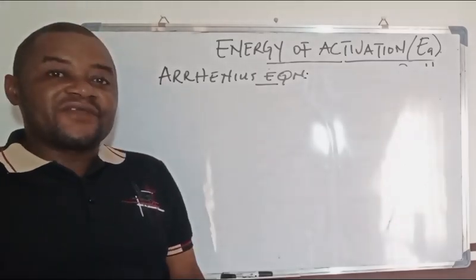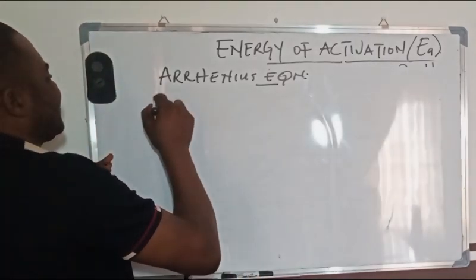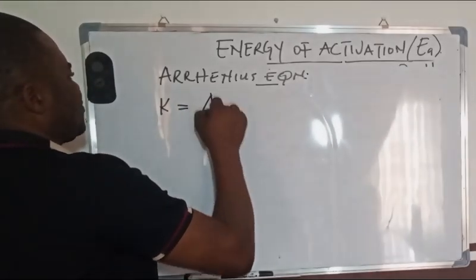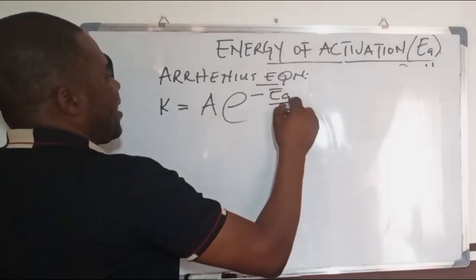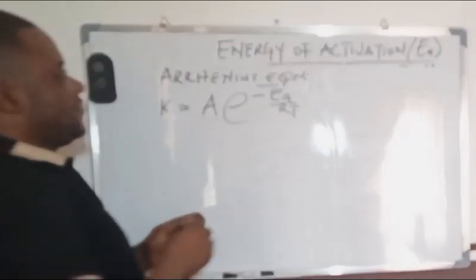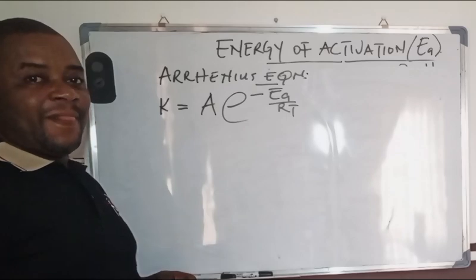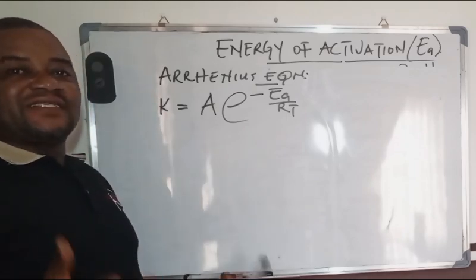And what is the Arrhenius equation like? The Arrhenius equation is simply written as k equals A to the exponent of minus Ea over RT. That is the Arrhenius equation, where k is simply your rate constant.